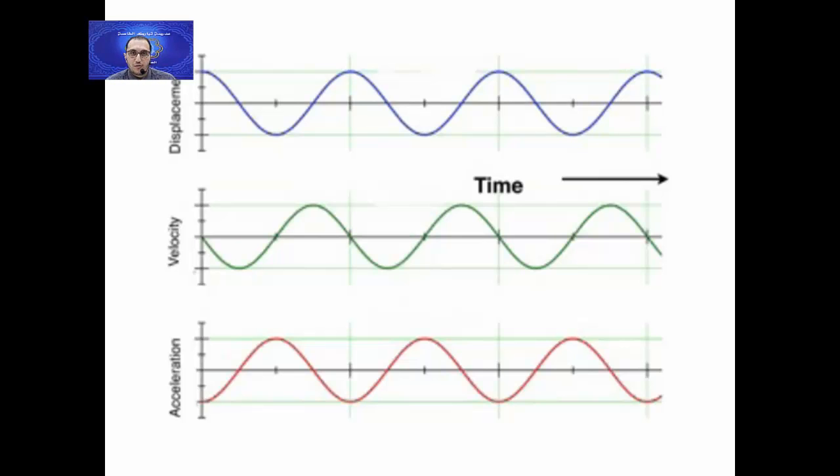The velocity will be zero in this case, because at maximum displacement the object is stopped for a moment. But acceleration in this case starts from maximum, in the opposite direction of displacement. If the displacement is positive, acceleration will be negative.